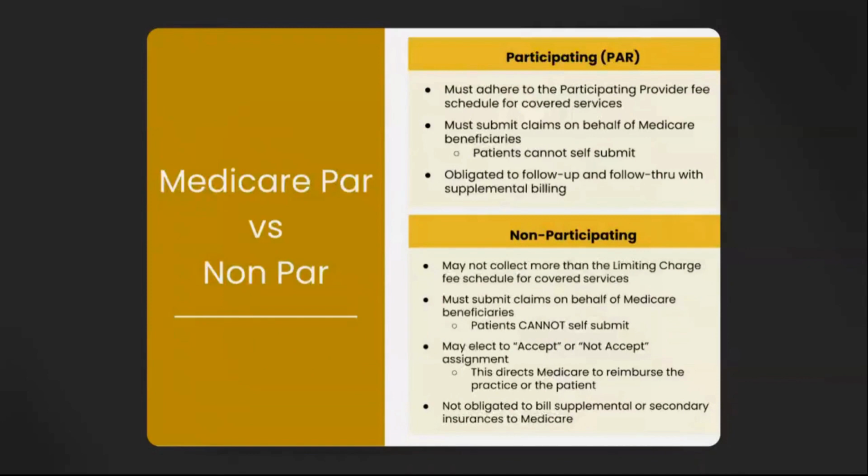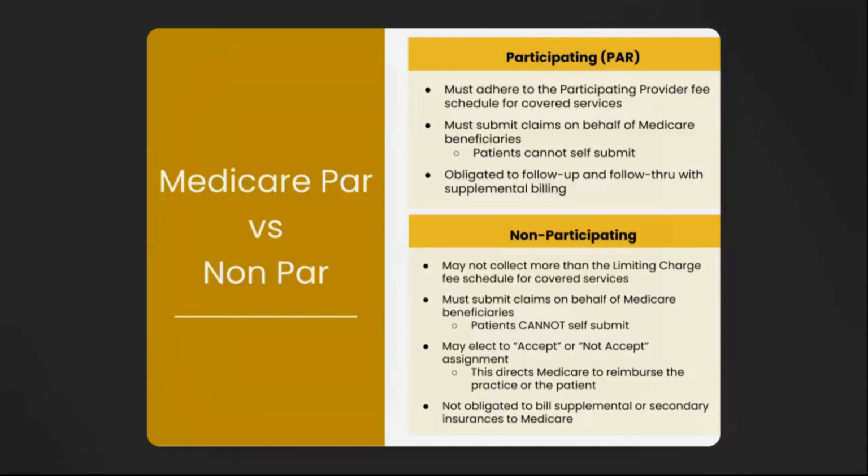Next, I want to share with you participating versus non-participating and what that means. So quickly, again, a summary. If you're treating Medicare patients, so patients that have Medicare Part B coverage, because that's where chiropractic coverage is held, then you must be enrolled with Medicare as either a participating or a non-participating provider.